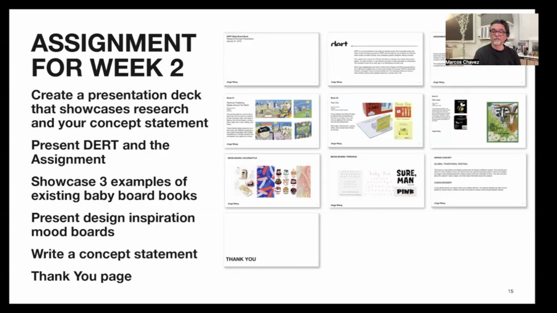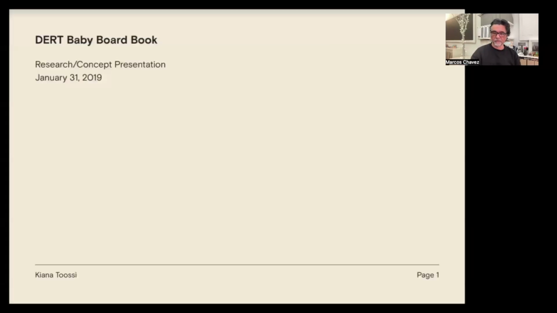And then I want you to research visual approaches and techniques and implementations and create design inspiration mood board pages that showcase these various ways of creating visuals that you can talk about and highlight what you think you can execute for yours. And then I want you to think about what your concept is and write it in words. I don't want you to design anything yet. I just want you to write the concept. So let's look at what this is.